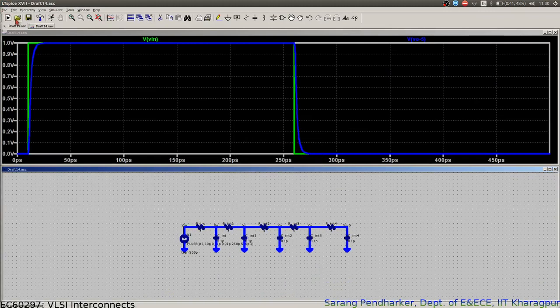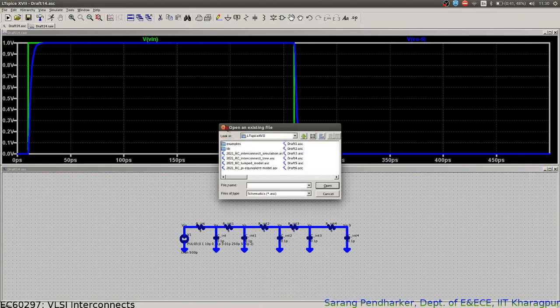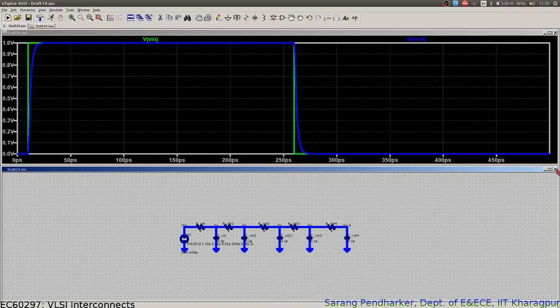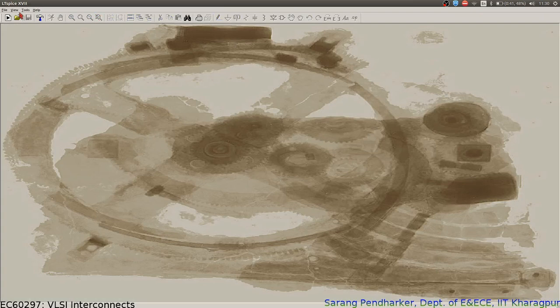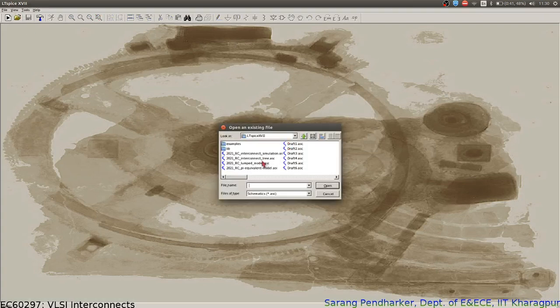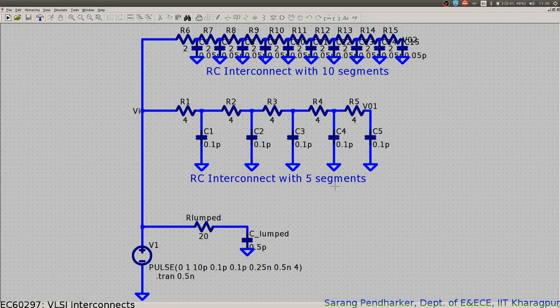I think I've already solved that problem and I have a file, so let me open it to save time. I've already solved it. You can either create multiple files, or if you want to compare, you can have it all together.